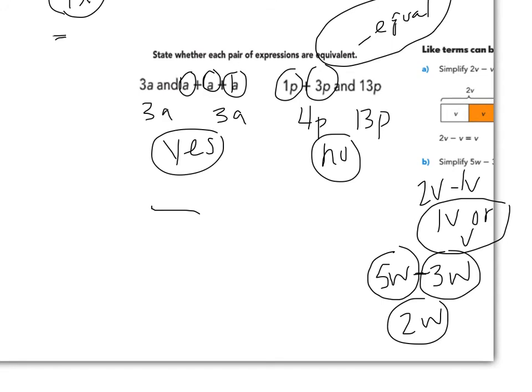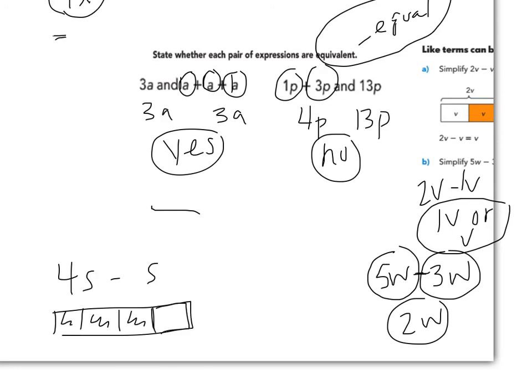All right, and then we have 4s minus s. Again, you have 4 s's in your picture. You're going to take 1 away, and you're left with 3s, because 4 minus 1 is 3.